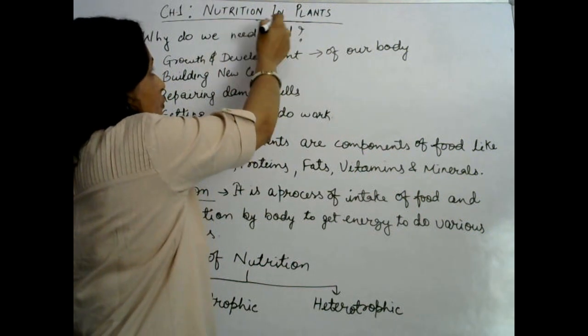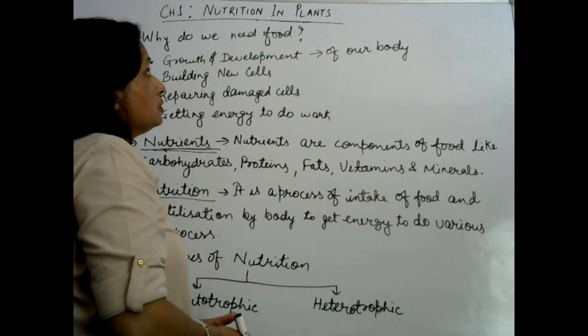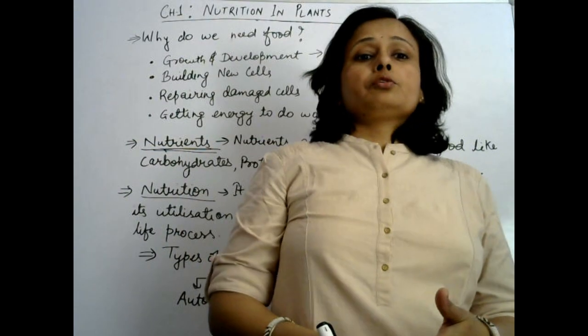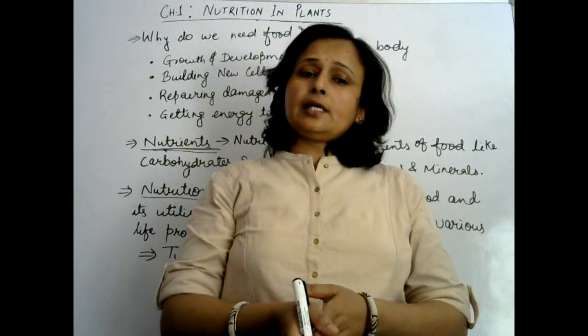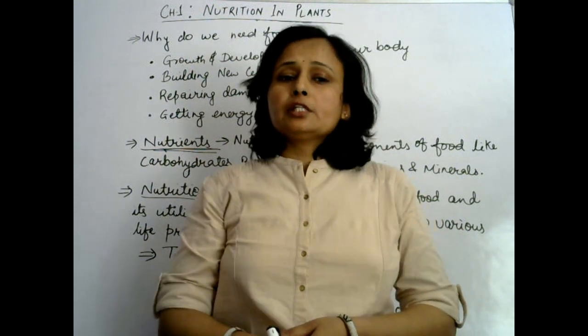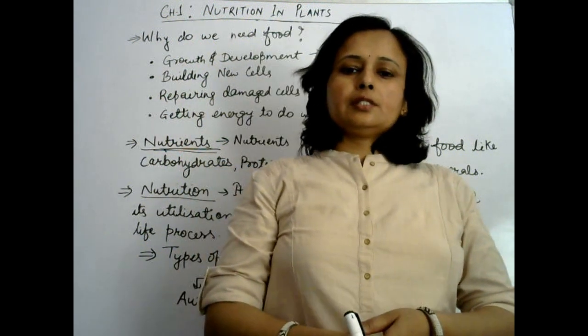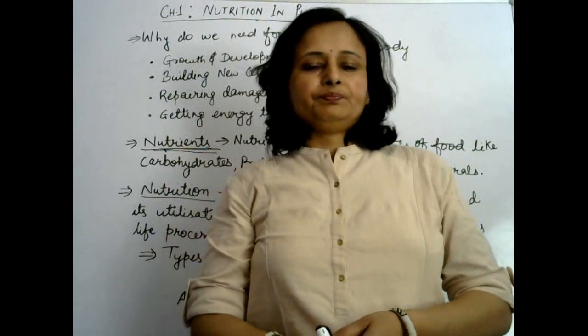What we are going to learn here is taking food inside plants. How does a plant do the process of nutrition, or what is going on inside plants to get nourishment, to get nutrition, to get energy. So nutrition is a process of taking food to get energy.